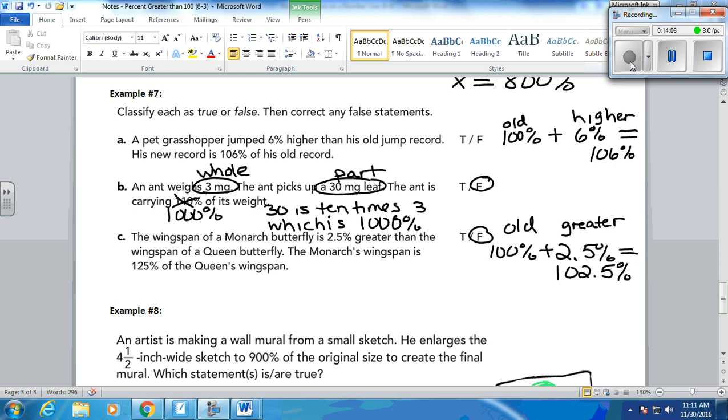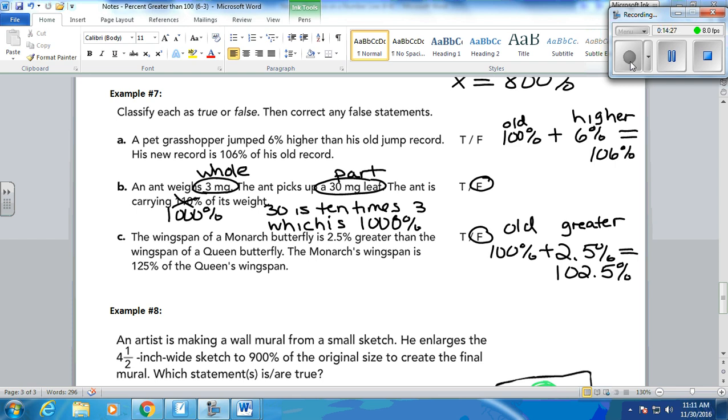Okay, so for B and C, I said both of them were false. I decided that the ant weighs 3 milligrams as the whole, and then he picks up a leaf, which is the part, and the ant is carrying, it says 110% of its weight. So because it says of its weight, that's how I also know that the ant's weight is the whole.